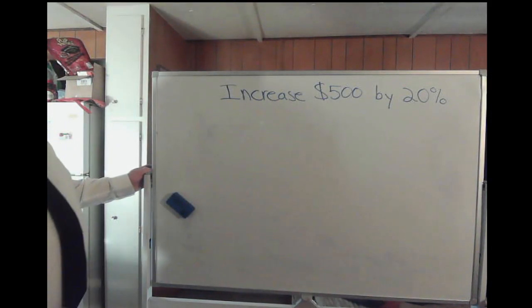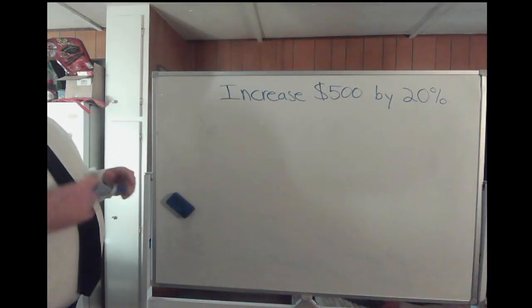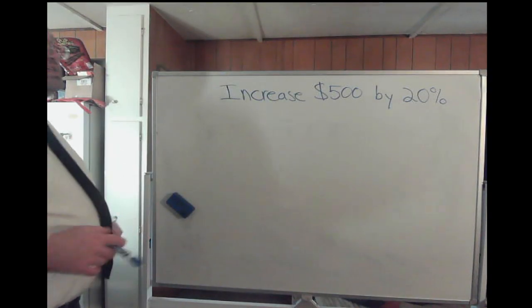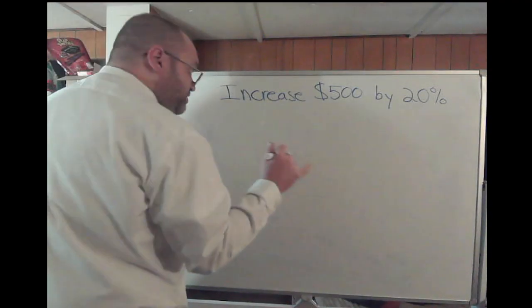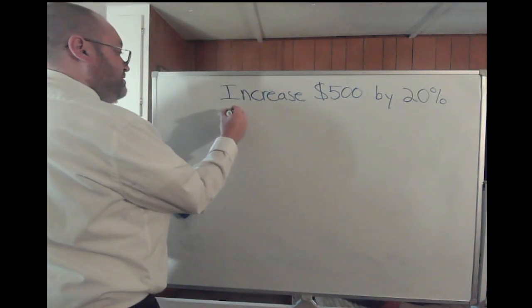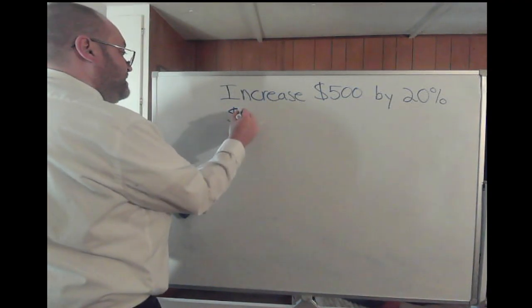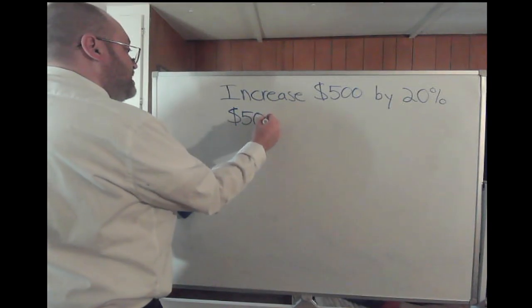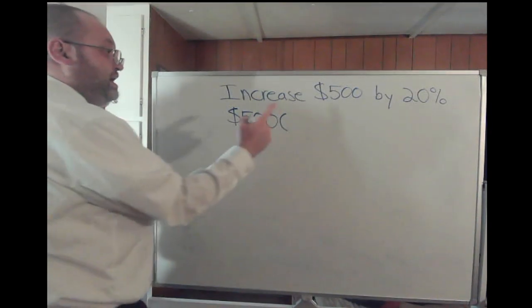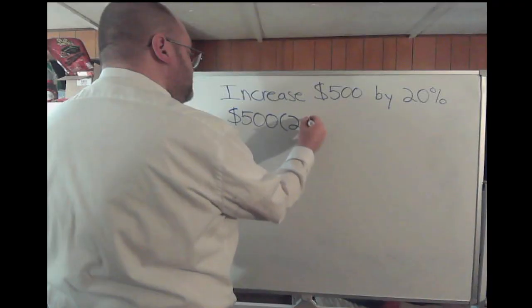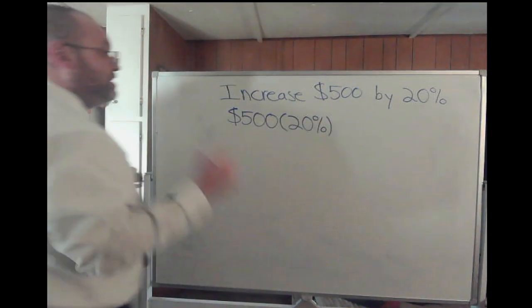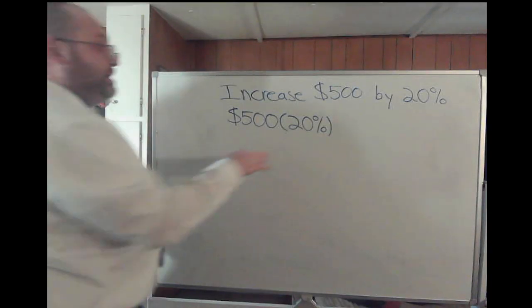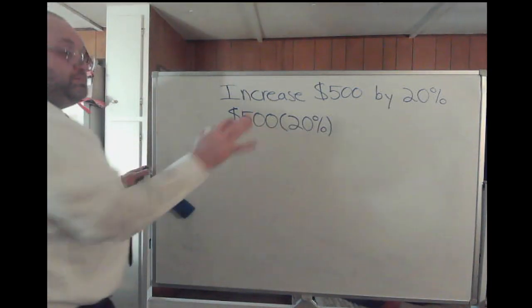In these situations, if you don't know what the new dollar amount is, but they give you a percent it increases by, what you have to do is you take the amount they gave you, in this case the $500, you're going to multiply that by 20%. You want to find 20% of 500 because you're going to increase $500 by 20% of 500.